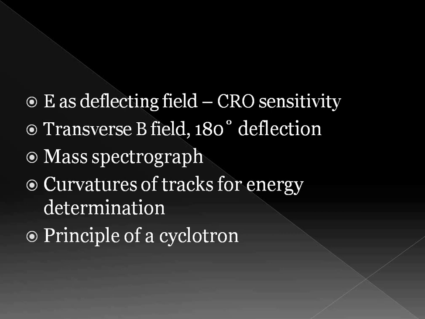We allow the particle to enter the D shape and come out of the first D, then it has to enter the other D, where it gets some acceleration. Again it comes out of the D and moves to the next one. So whenever it moves from one D to the next, there is always an acceleration happening, and in that way we can increase its speed and velocity.